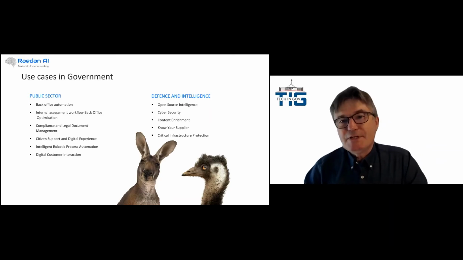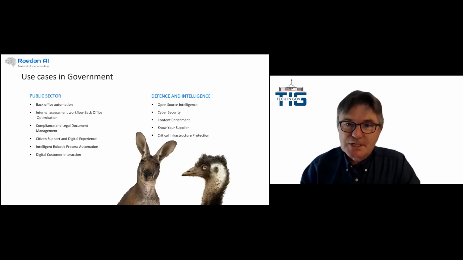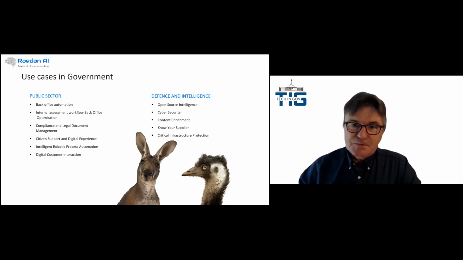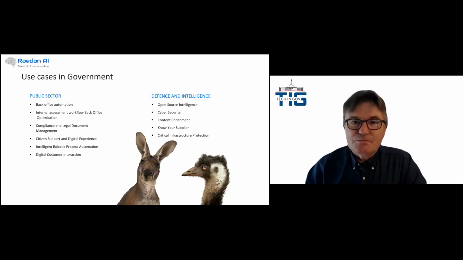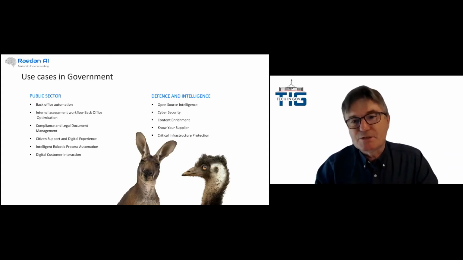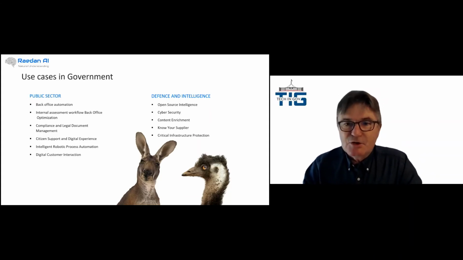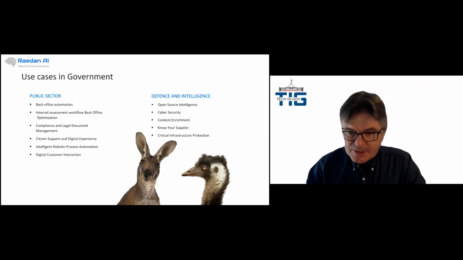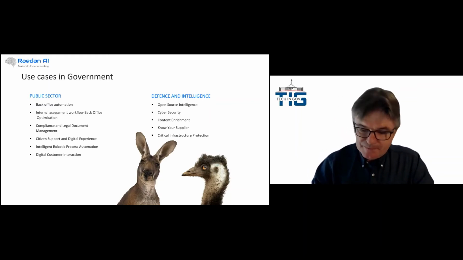On the defense and intelligence side: open source intelligence, which is looking at multiple source intelligence for insights; cybersecurity; and content enrichment, so taking police records, extracting the information and loading it into common databases, et cetera. So there are a lot of use cases in government.